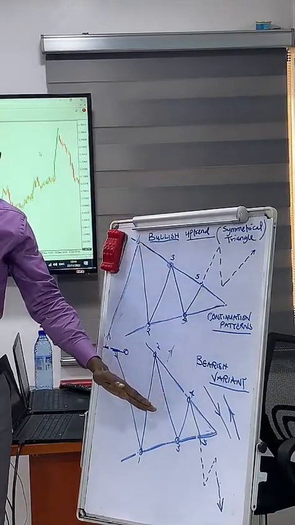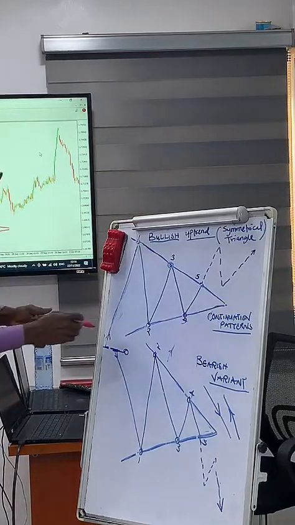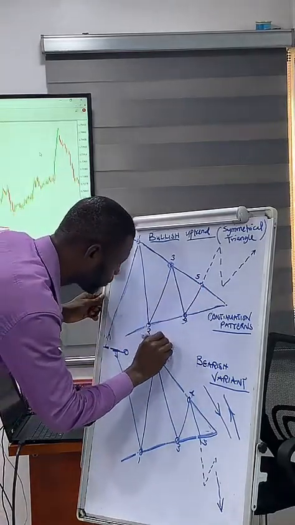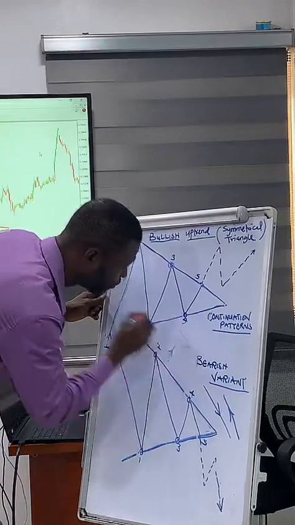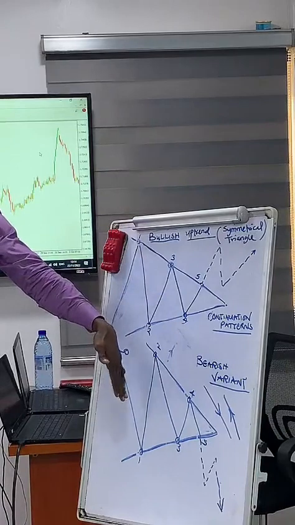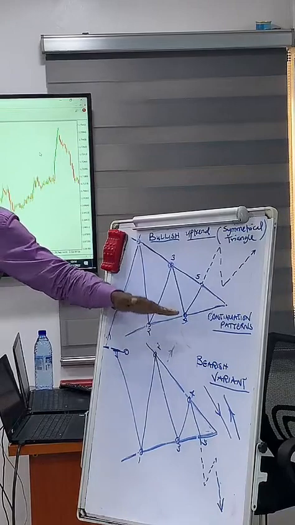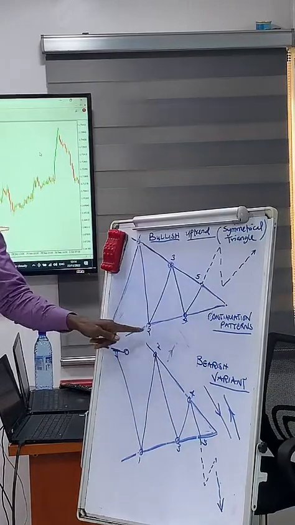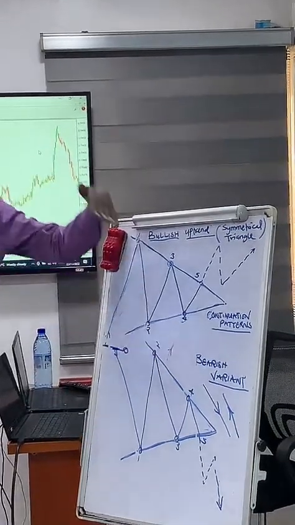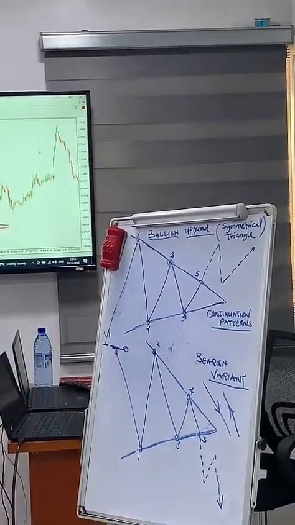For a descending triangle, as of yesterday, the market is making lower highs, but there are no higher lows or lower lows. The lows are at the same level, but we're only making lower highs.